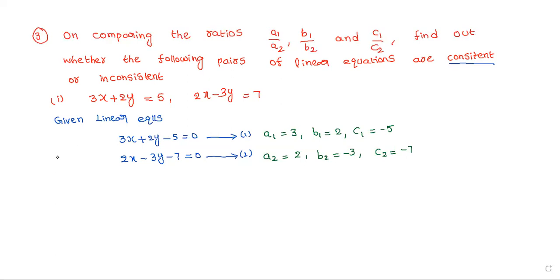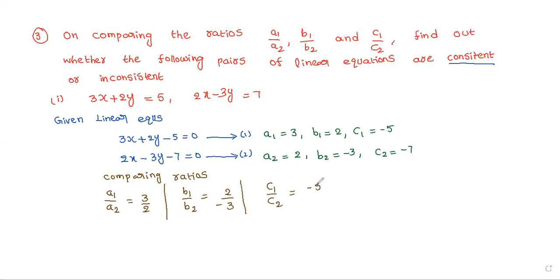On comparing ratios, a1 by a2 is equal to 3 by 2. b1 by b2 is equal to 2 by minus 3. c1 by c2 is equal to minus 5 by minus 7, negative cancels, 5 by 7.